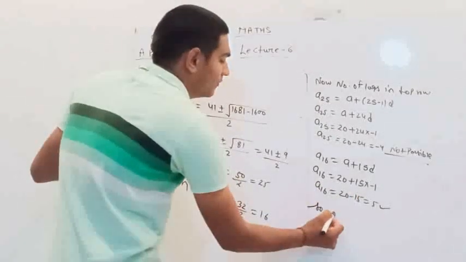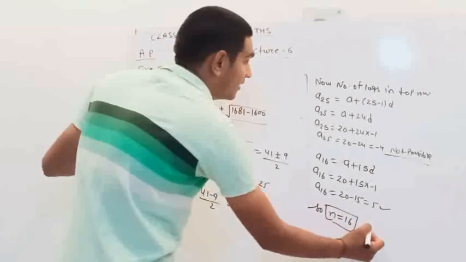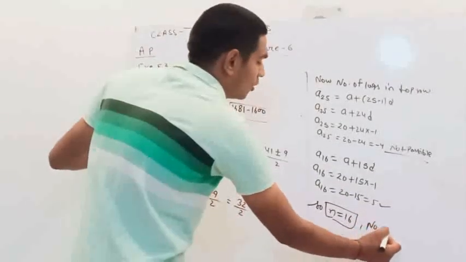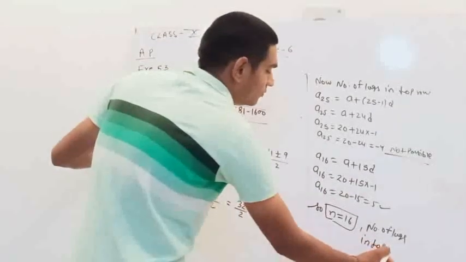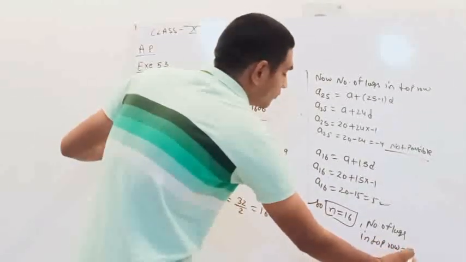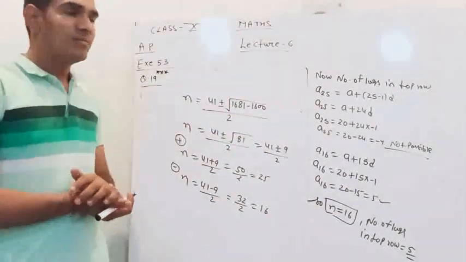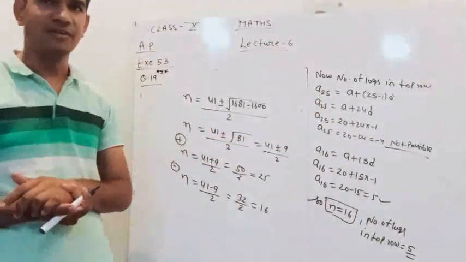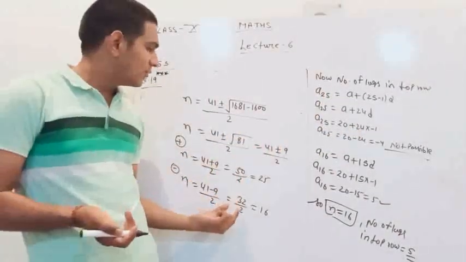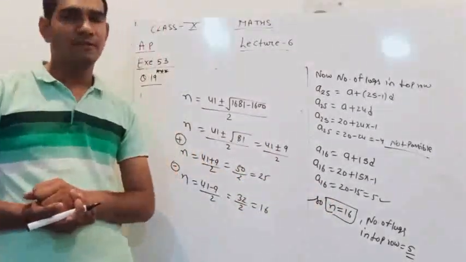So we select n equals 16 and the number of logs in the top row is 5. Understand why we will not take a25? Because a25 comes out negative. That's why the total number of rows is 16 and the number of logs in the top row is 5.